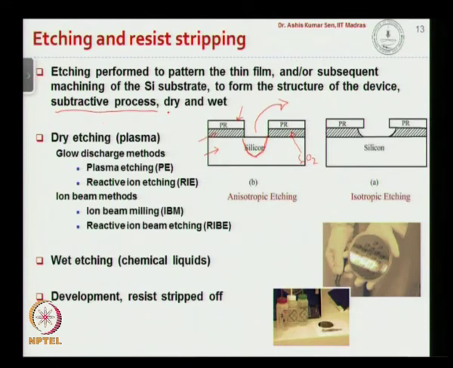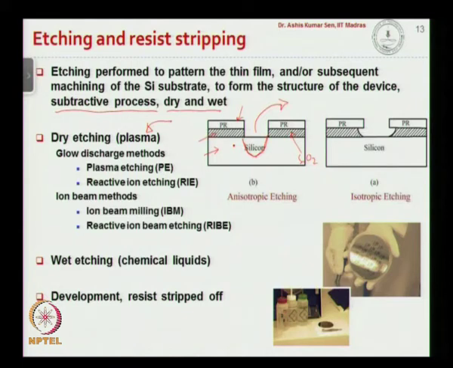And we have two different etching techniques, dry and wet etching techniques. Dry etching is based on a plasma, so highly energetic ions which interact with the surface that we want to remove.